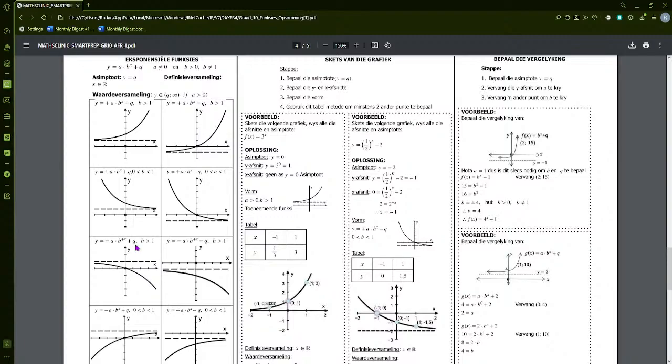Okay. So, f(x), y equals a times b to the power of x plus q. So a is your form still.